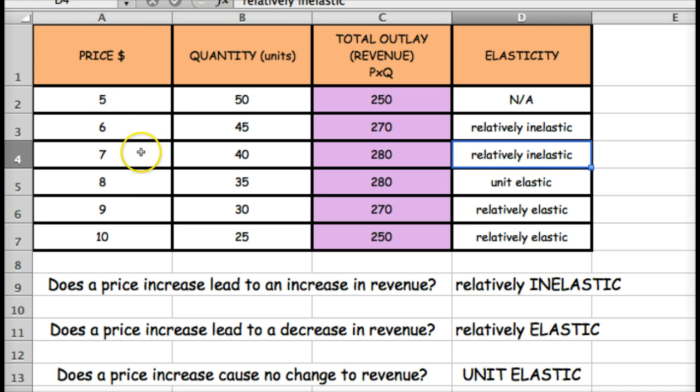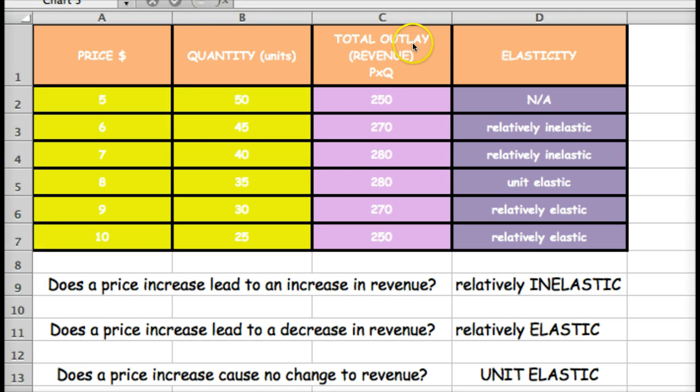But now, when you look down here at $10, so when it's finished progressing, and we're now selling half of what we used to because of the double price, you see that it is now in fact relatively elastic demand.